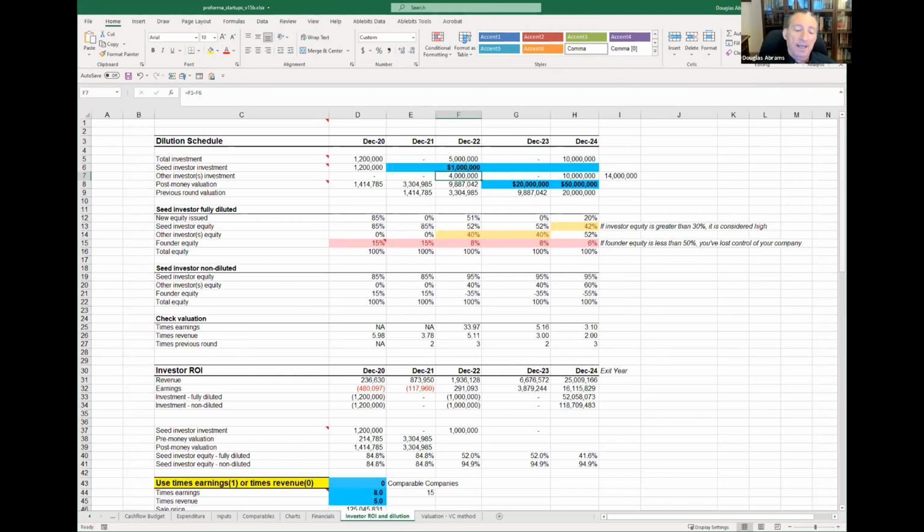Because it's highly likely that our successful companies are going to be those that raise follow-on funding. Not all who raise follow-on funding will succeed, but pretty much all who don't raise follow-on funding are likely to fail, or if they don't fail, they're going to exit at very low multiples in most cases.